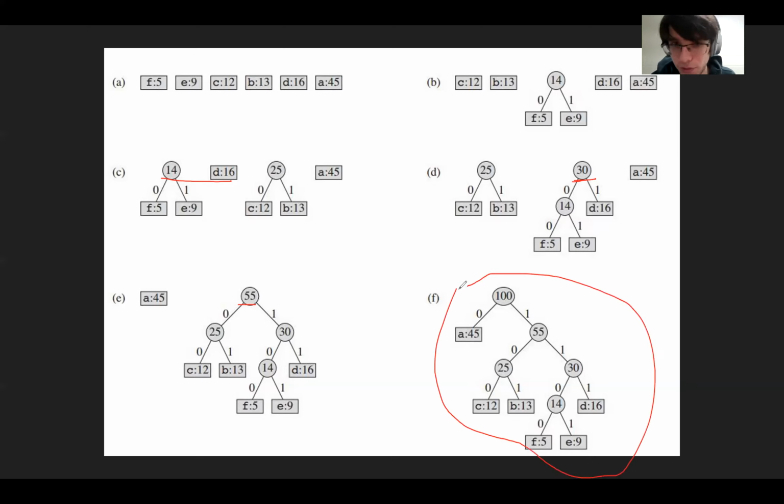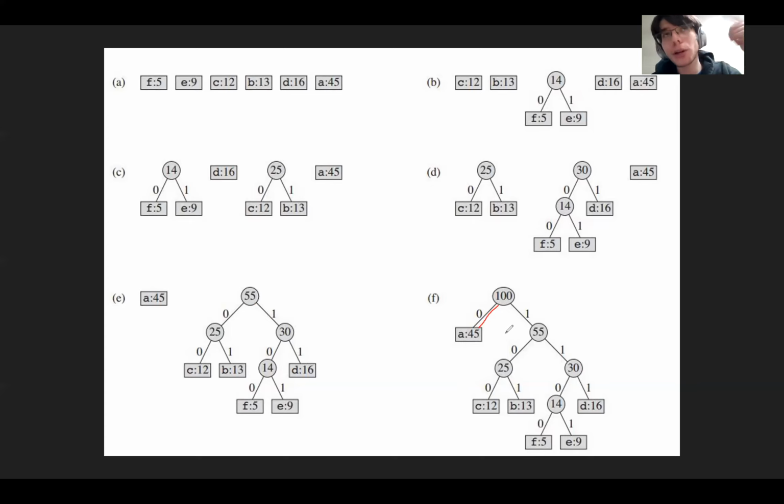There were 100 characters. And what we optimize in this problem is basically the sum of the path lengths. So if we have to go 45 times we have to go down one.